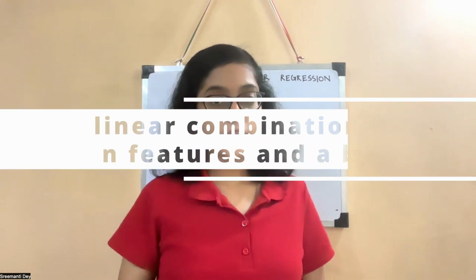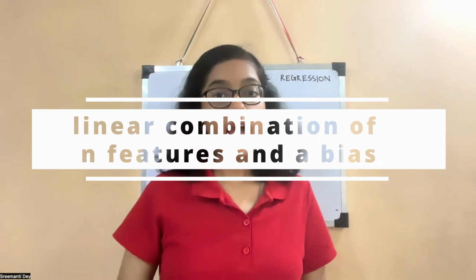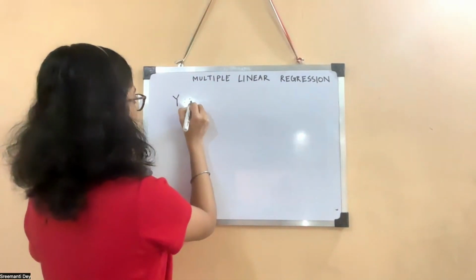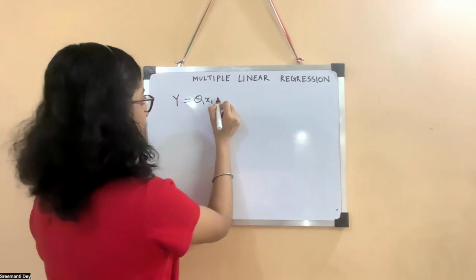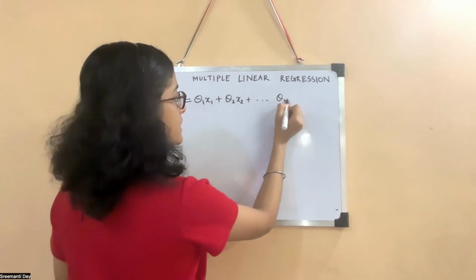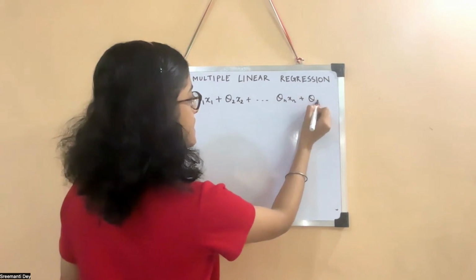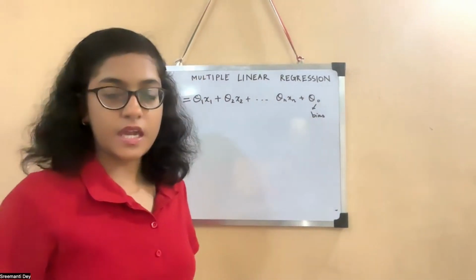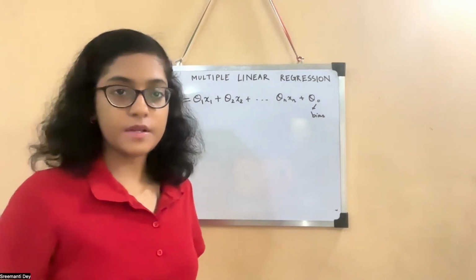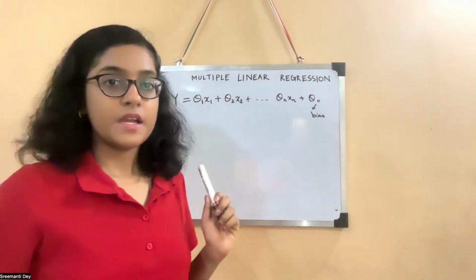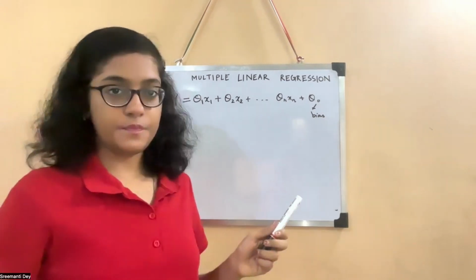So y would be a linear combination of these n features along with a bias. Y would be theta 1 x1, theta 2 x2, theta n xn plus theta 0, which is our bias. We cannot use a, b, c here because otherwise it will be difficult to formulate the expression and the loss. So remember this is the curve.